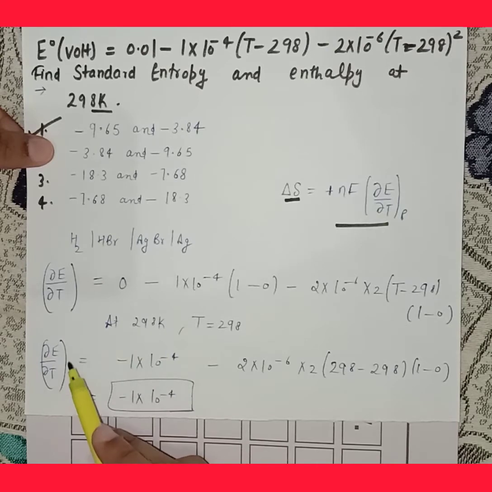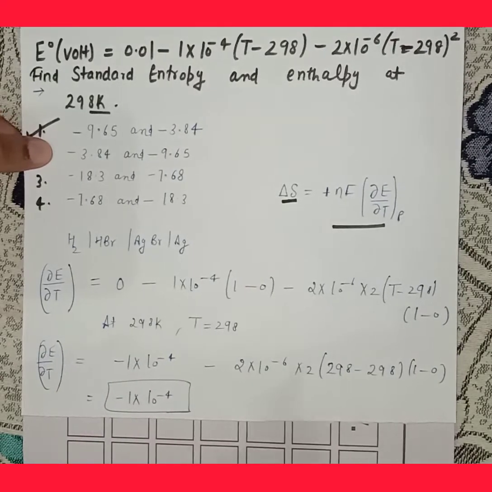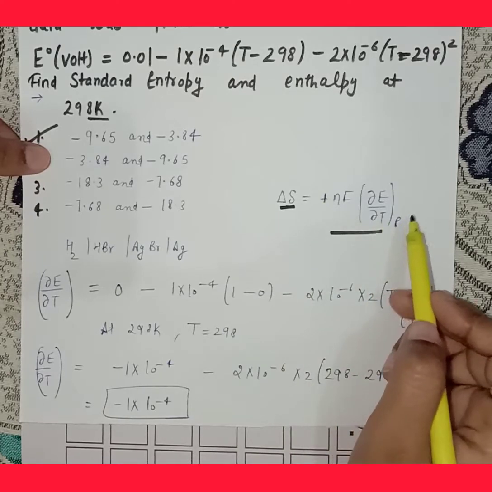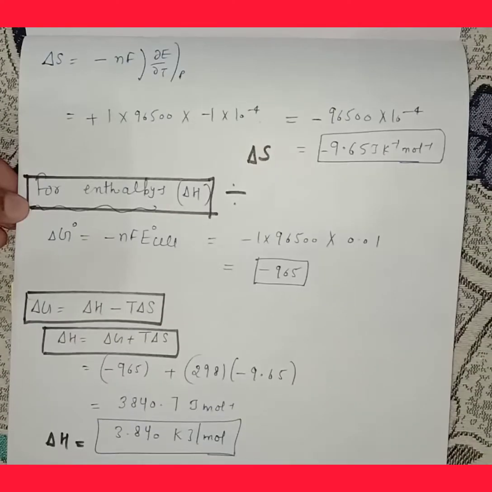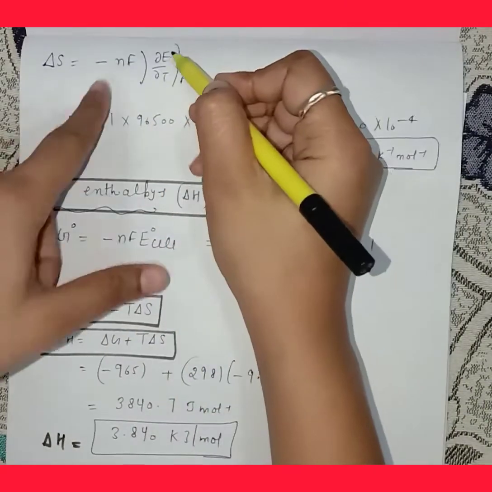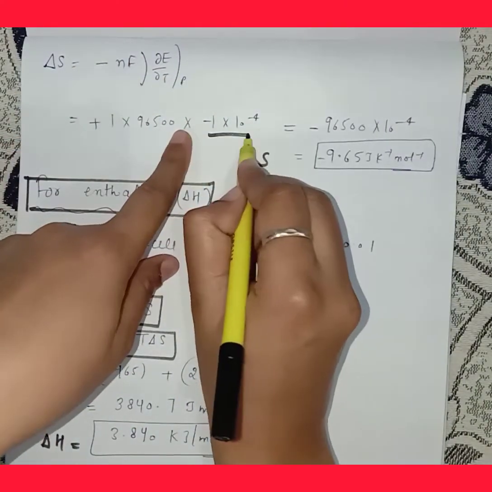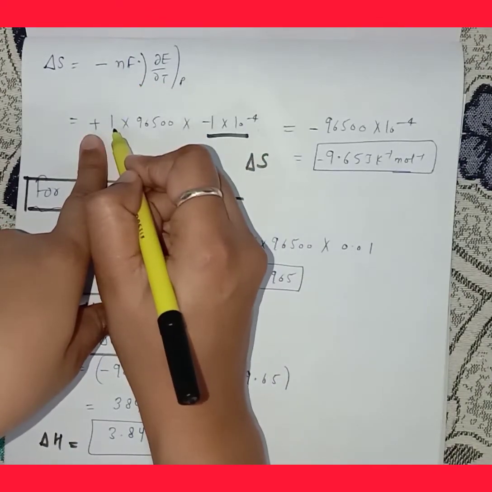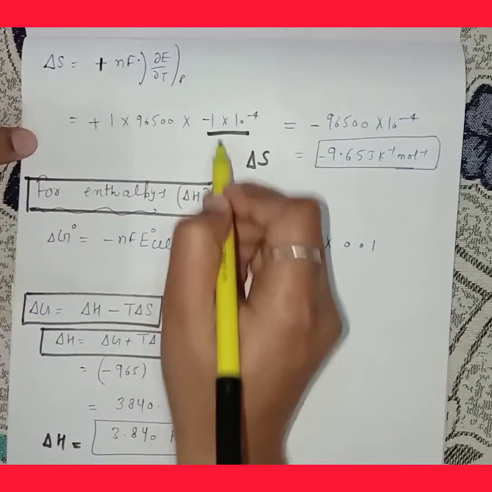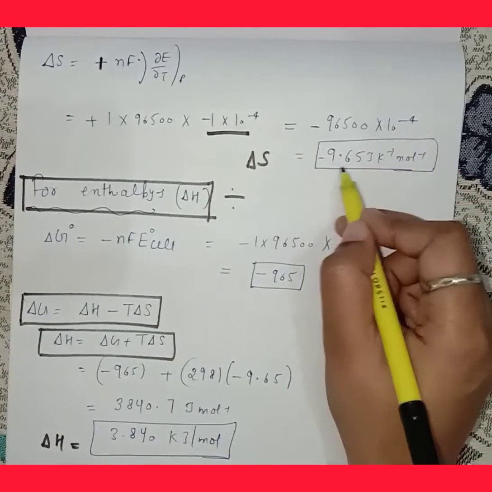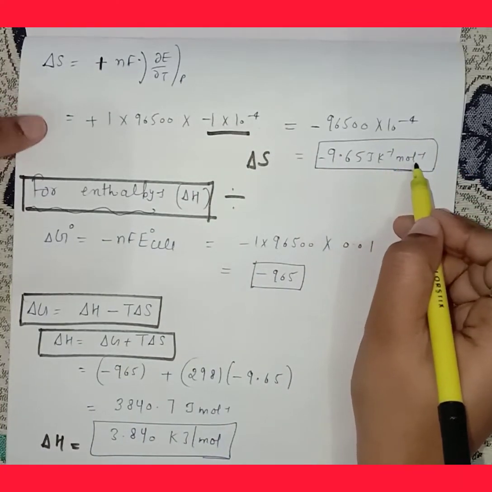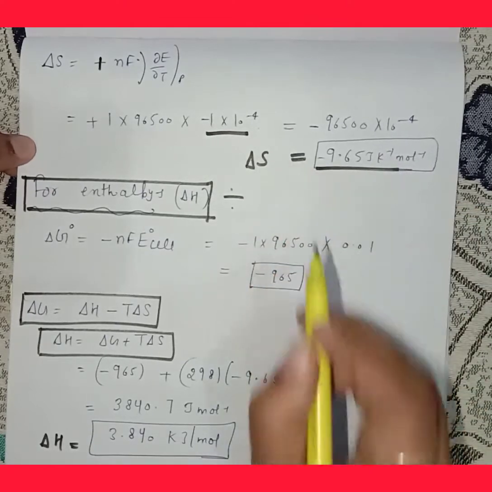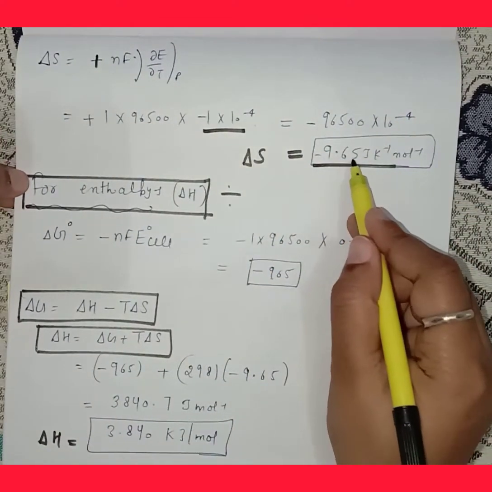This is the value of delta E upon delta T. Now we put all the values in the formula of standard entropy. Delta E upon delta T is this value, Faraday is 96500 and n is 1 here. So this value comes out in joule per Kelvin per mole: minus 9.65.